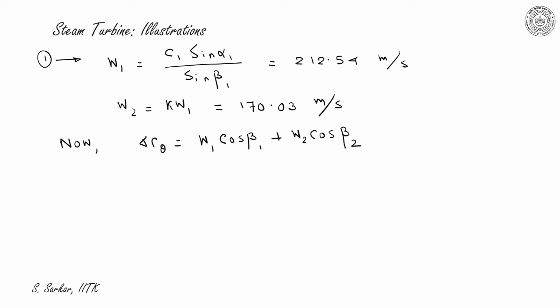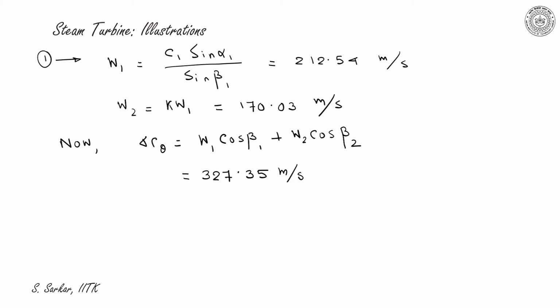You know the values of beta 1 and beta 2, you also know W1 and W2. Put all the values, evaluate. You will get del C theta as 327.35 meters per second.